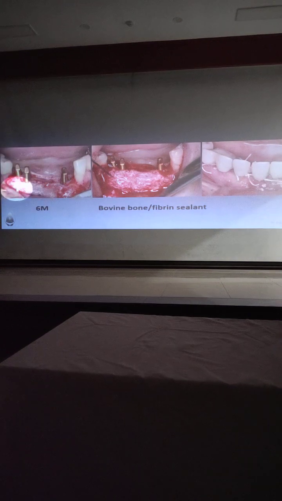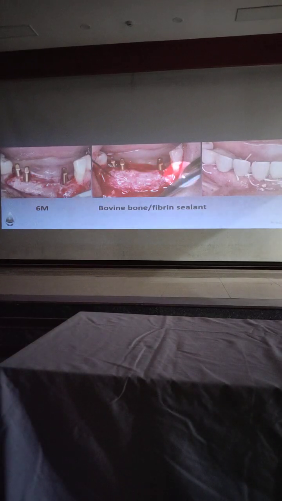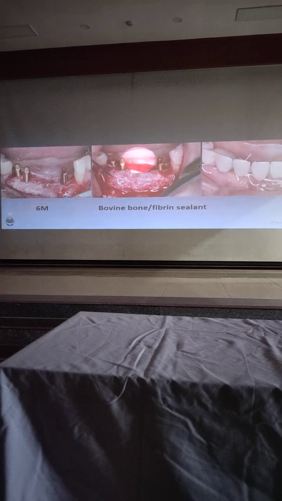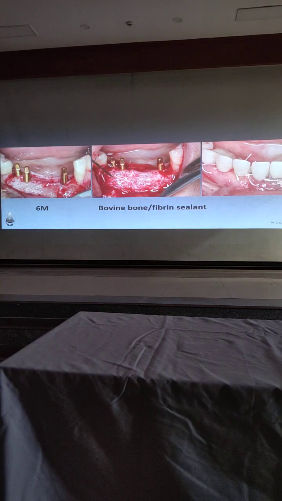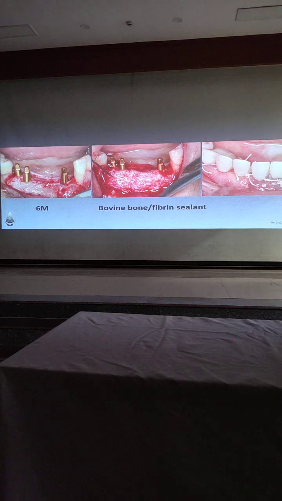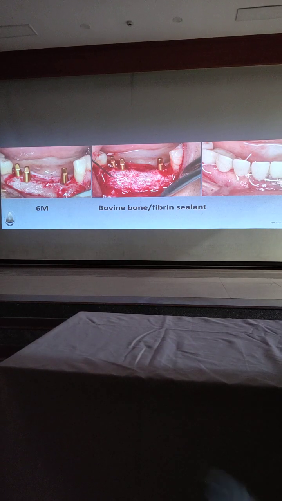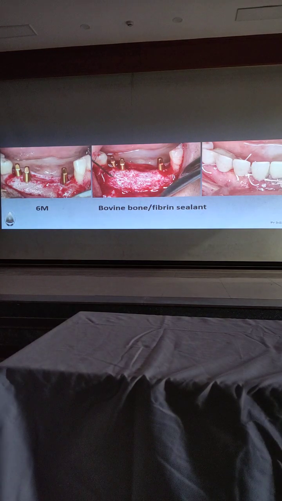And you can see this technique has no impact on horizontal augmentation. I did secondary augmentation for horizontal augmentation, and the bone was stabilized with the implant. And immediate restoration was done.